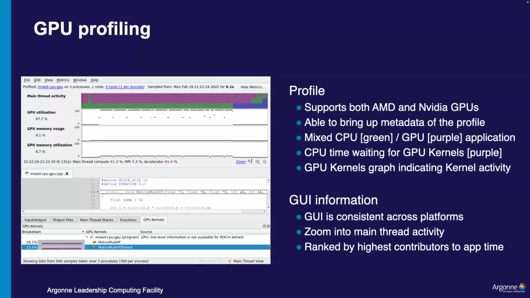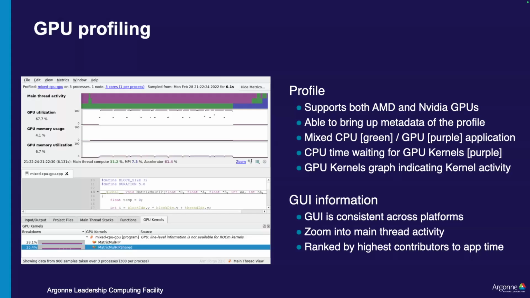And we can look at the GPU kernel tab, where we can see we actually have 2 kernels running. This is actually HIP, so it's AMD, but the same is transferable to NVIDIA as well. You'll be able to see kernels and how much time is being spent in each one of those kernels. So we're spending 28.1% of the time in one kernel and 25.4% of the time in the other kernel.